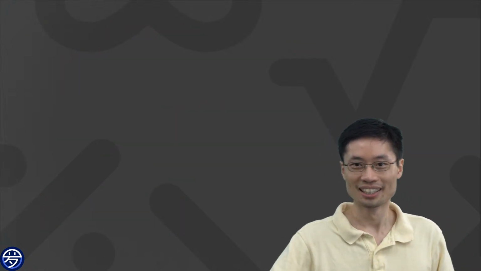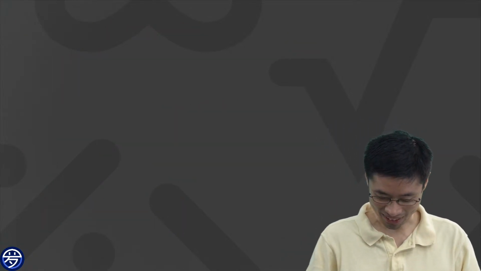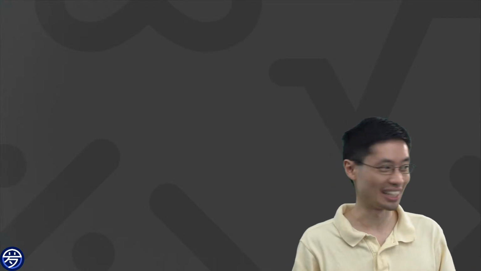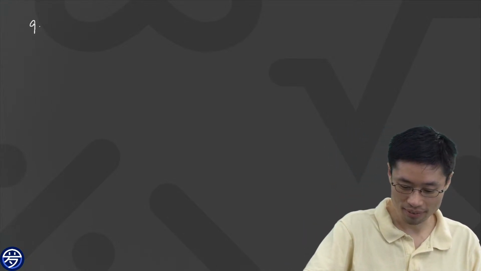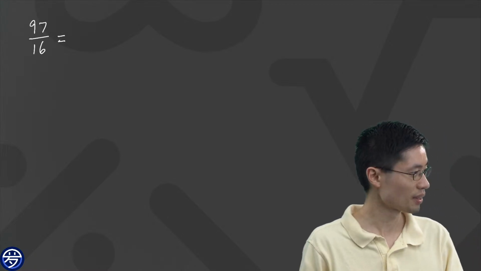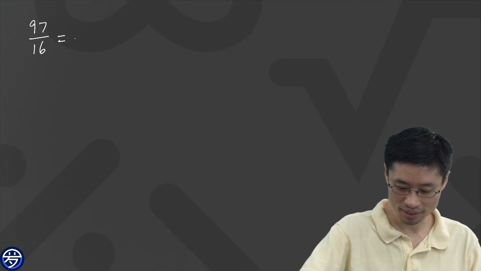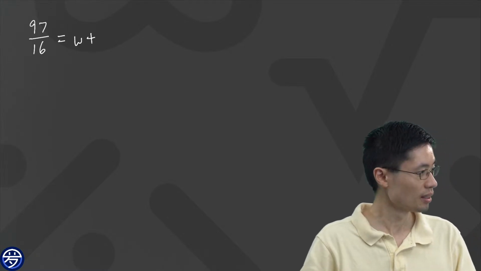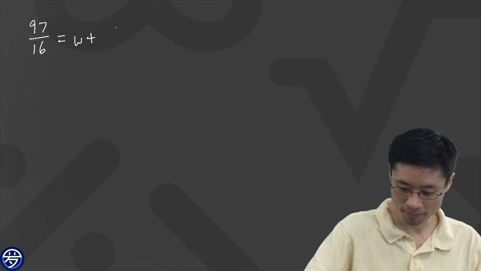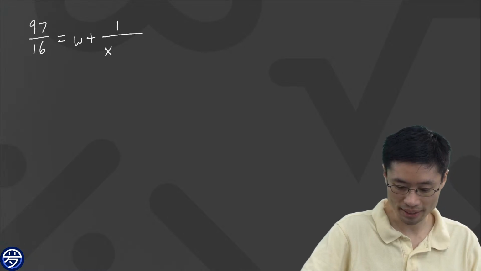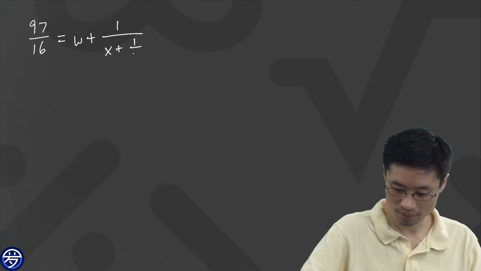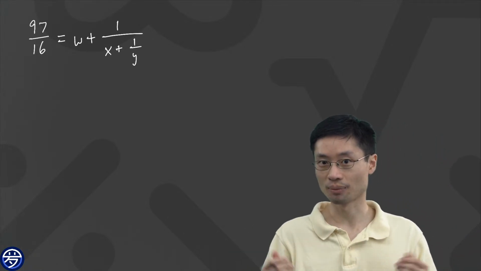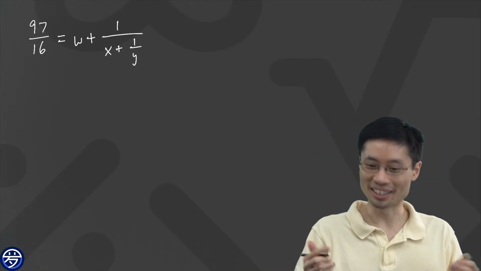It could be a horrible question in the sense that we could get stuck here for a while, but I'm just curious what the answer is. Winter rain says, if 97 divided by 16 is equal to W plus 1 over X plus 1 over Y, where W, X, and Y are integers, what are they?